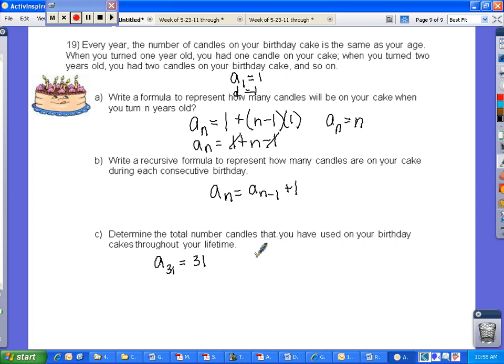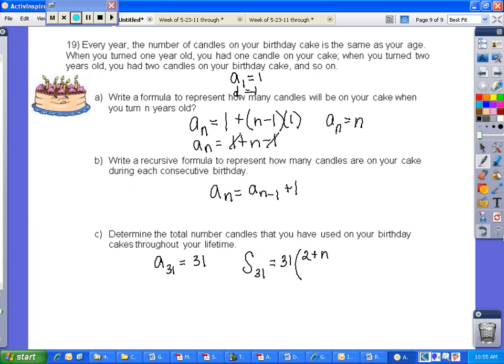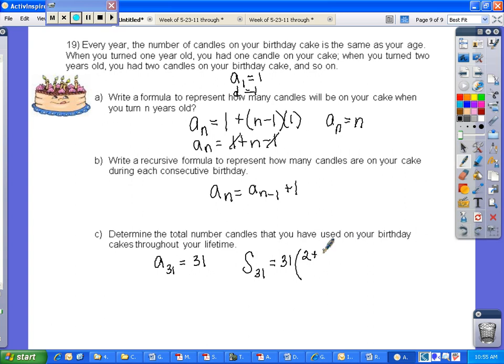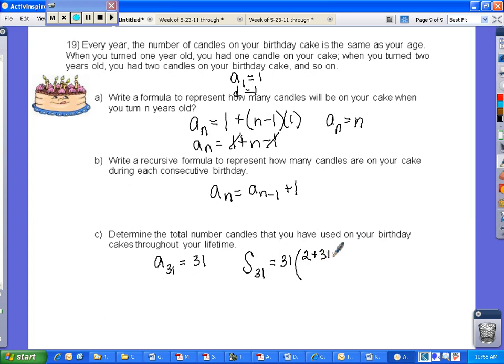However, if I want to determine the sum, I'm going to take S sub 31 equals n, which in this case is 31, times 2 times 1, which is just 2, plus n minus 1, and in this case, n is 31. So 31 minus 1, all over 2.